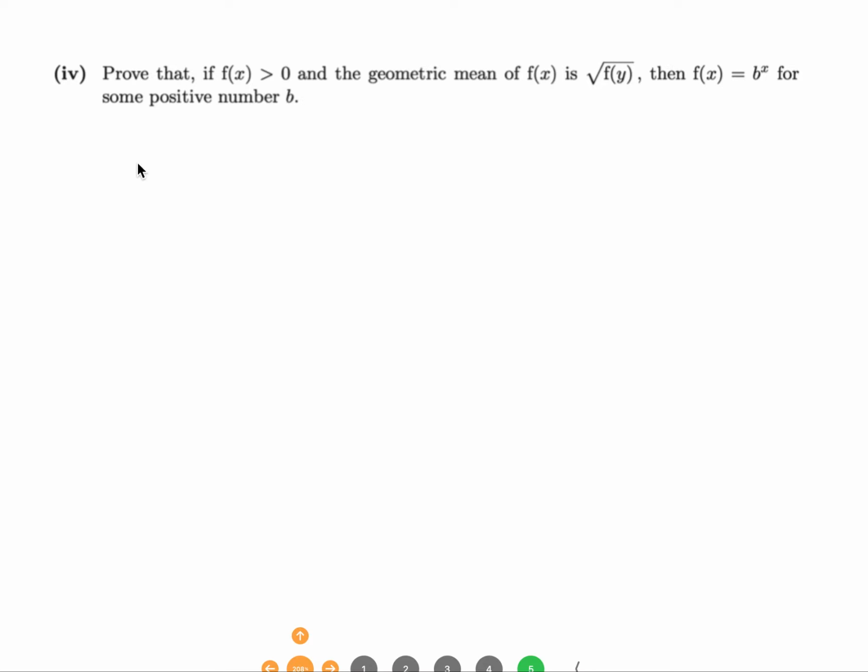So we know that our answer has got to be the square root of f of y, and that's going to equal some number to the power of 1 over y times the integral between 0 and y of log base a.